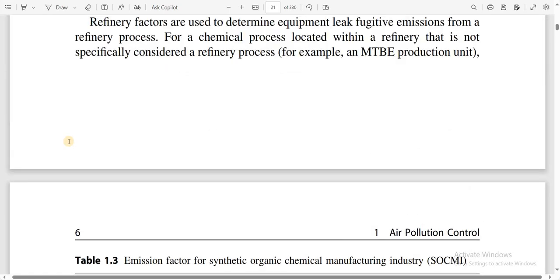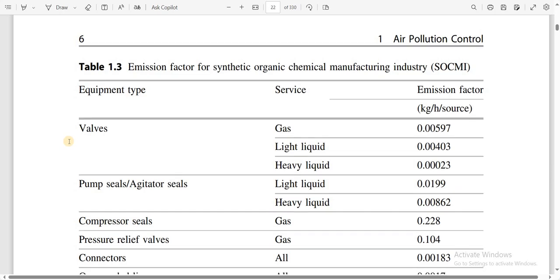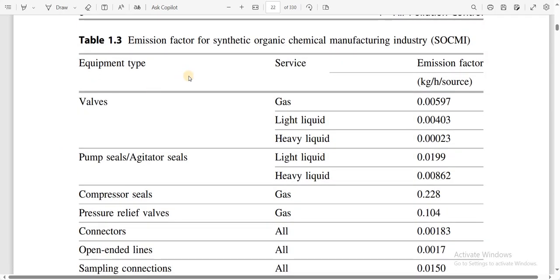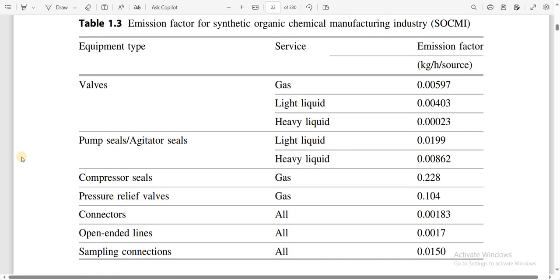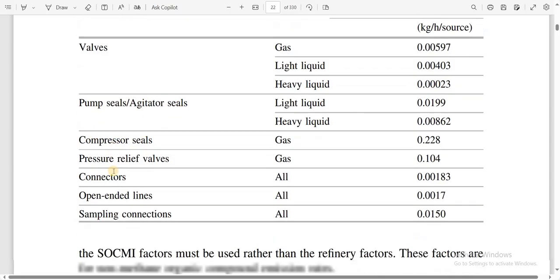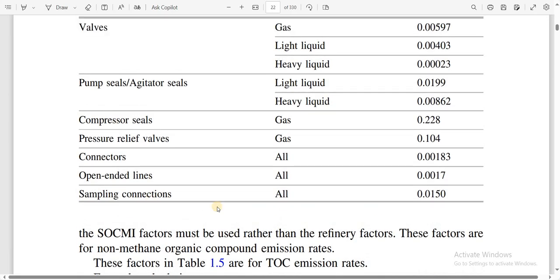So let's see table 3 first. Emission factors for synthetic organic chemical industries. For these industries, we have to see these SOCMI emission factors. Like, what are the emission factors from valves, pump seals, agitator seals, compressor seals, pressure relief valves, connectors, open-ended lines, sample connections.